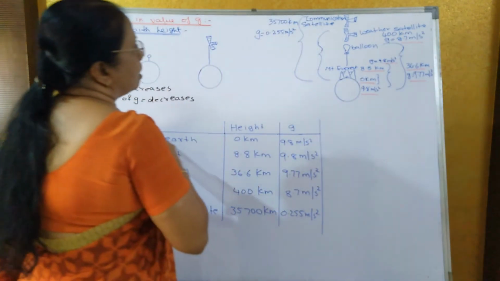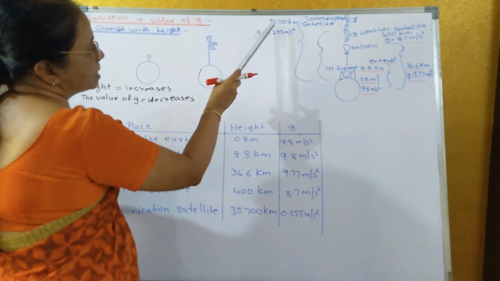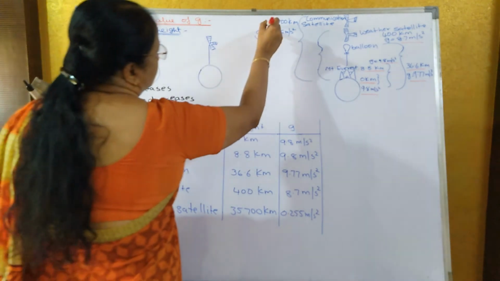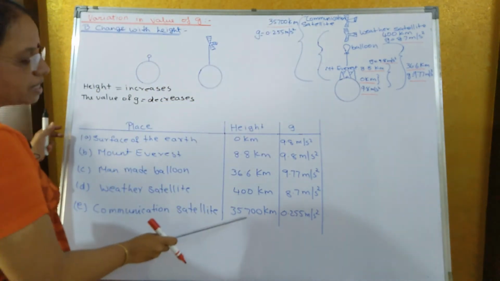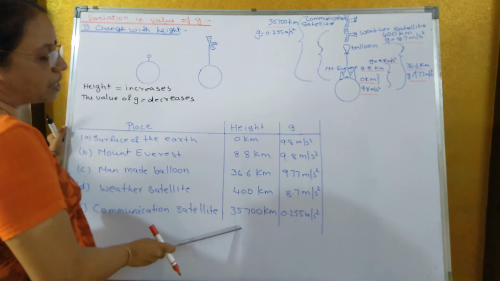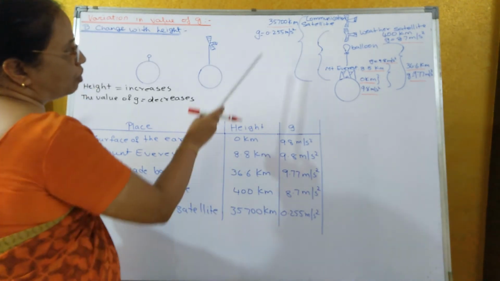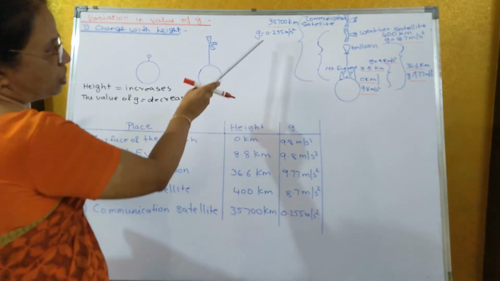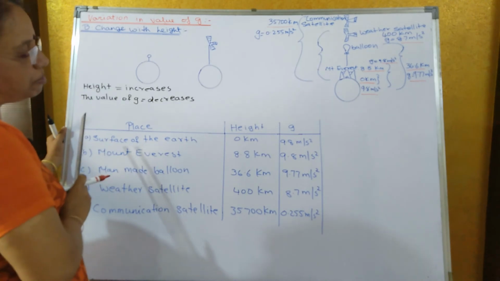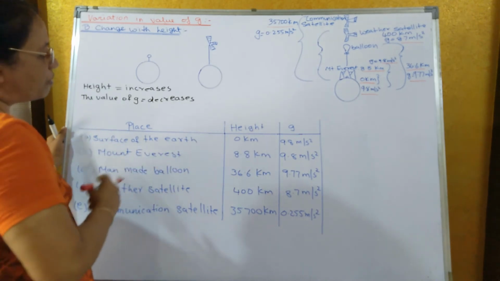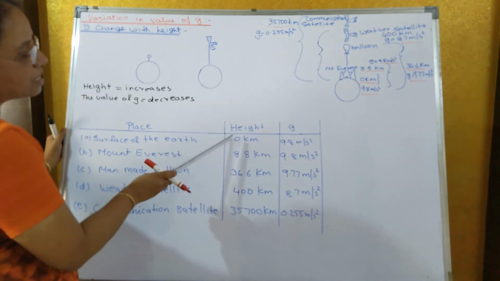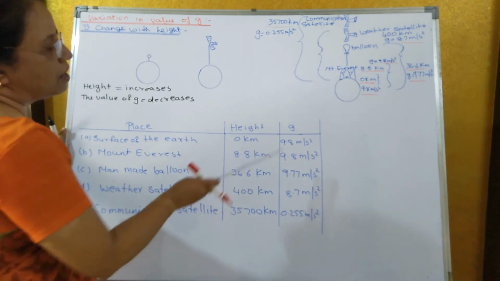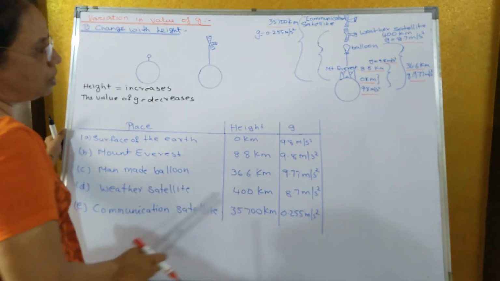Now consider a communication satellite at a height of 35,700 kilometer. The value of g becomes 0.255 meter per second square. So from this table you can see that as the height goes on increasing, the value of g goes on decreasing.